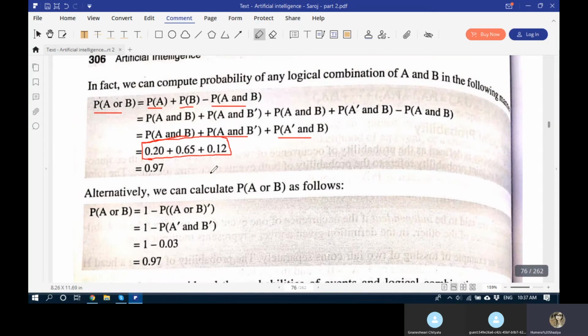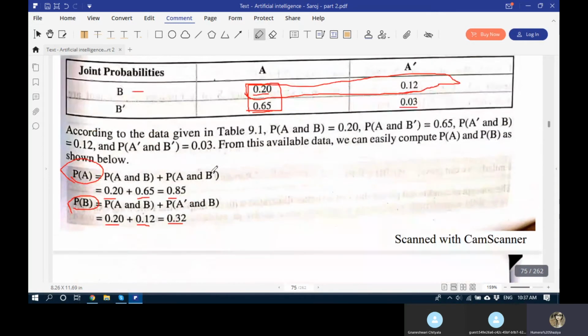A complement and B complement is this part.